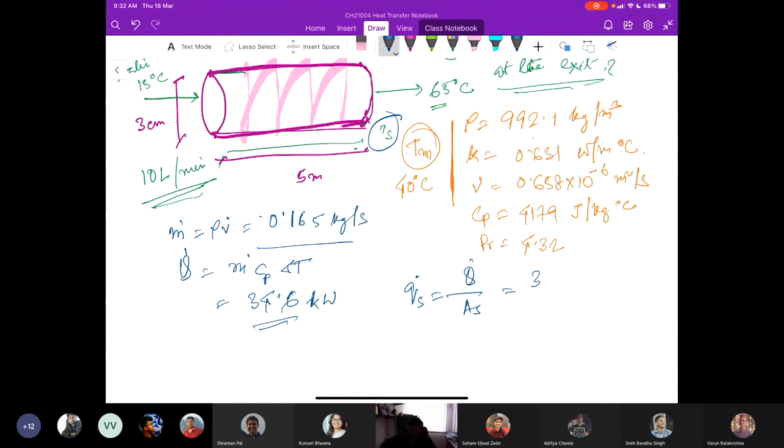So we have 34.6 and here pi D L, in kilowatt per meter square. This would be around 73.5, right? Yes, sir, 73.4.